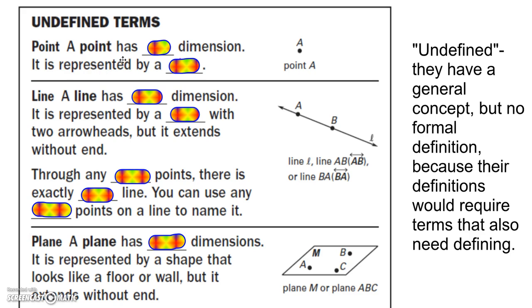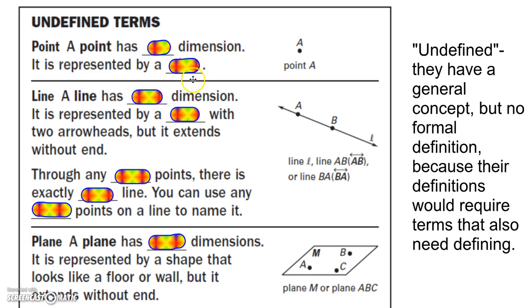And so these things are what we call undefined terms, and it doesn't really have to make a lot of sense to you. We won't really use that. But technically a point is an undefined term.